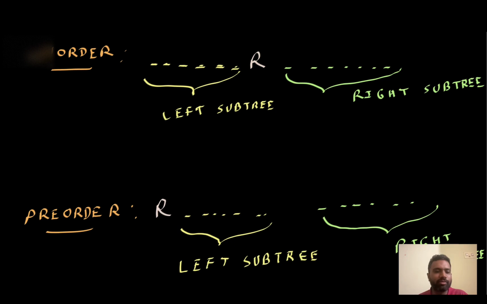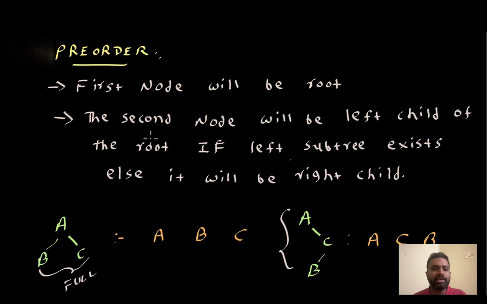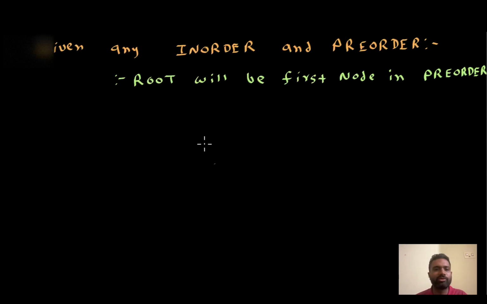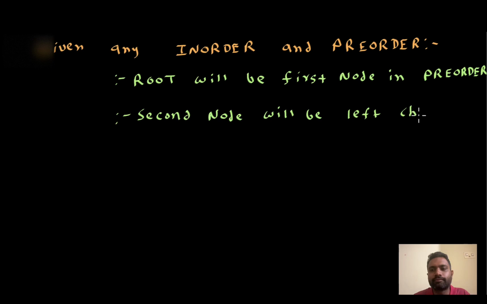There is one more property, if you remember: the second node will be the left child if it exists, otherwise it will be the right child. Basically we don't need to worry much about whether it exists, because we are assuming that if the left child doesn't exist, then the right child will also not exist.